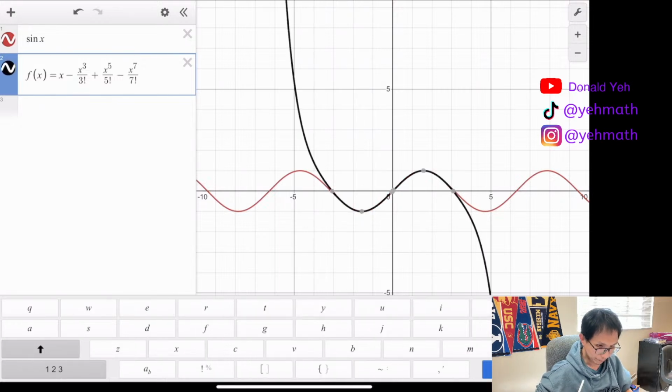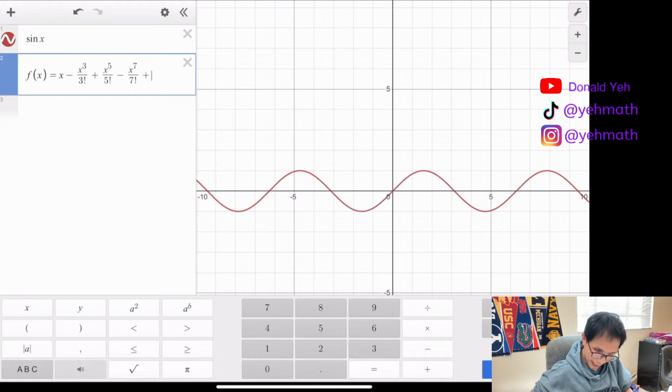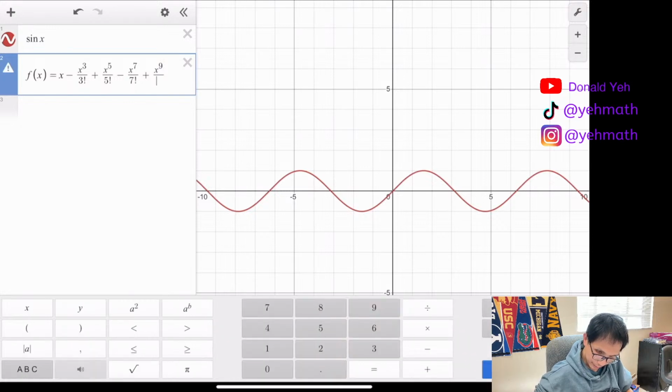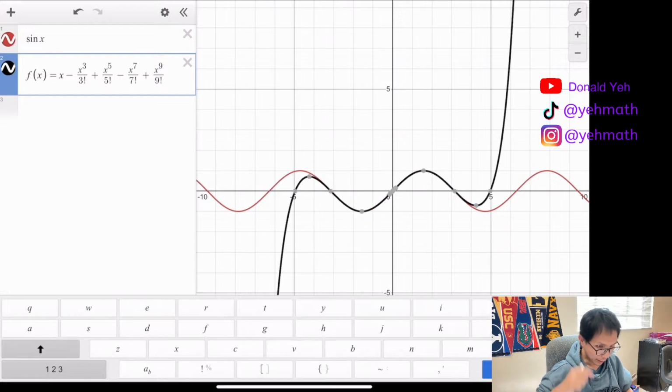And everything starts to look almost the same. I'm going to keep on adding x to the 9th over 9 factorial. And you see that it's getting better.